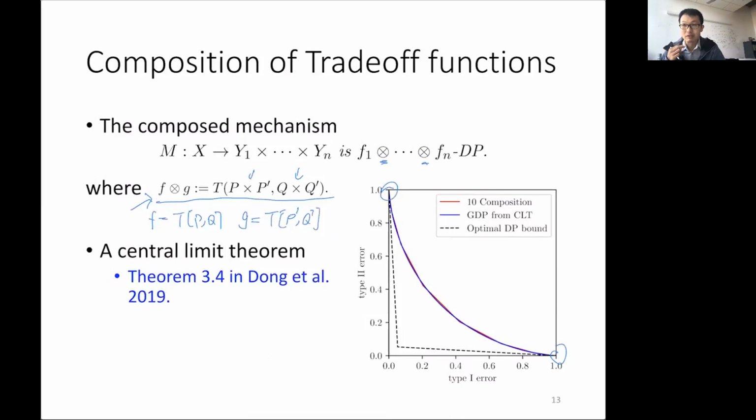So this is the same effect here, and the idea was formalized to show that the composition of an arbitrary sequence of mechanisms satisfying some weak conditions converges to that of a Gaussian mechanism.